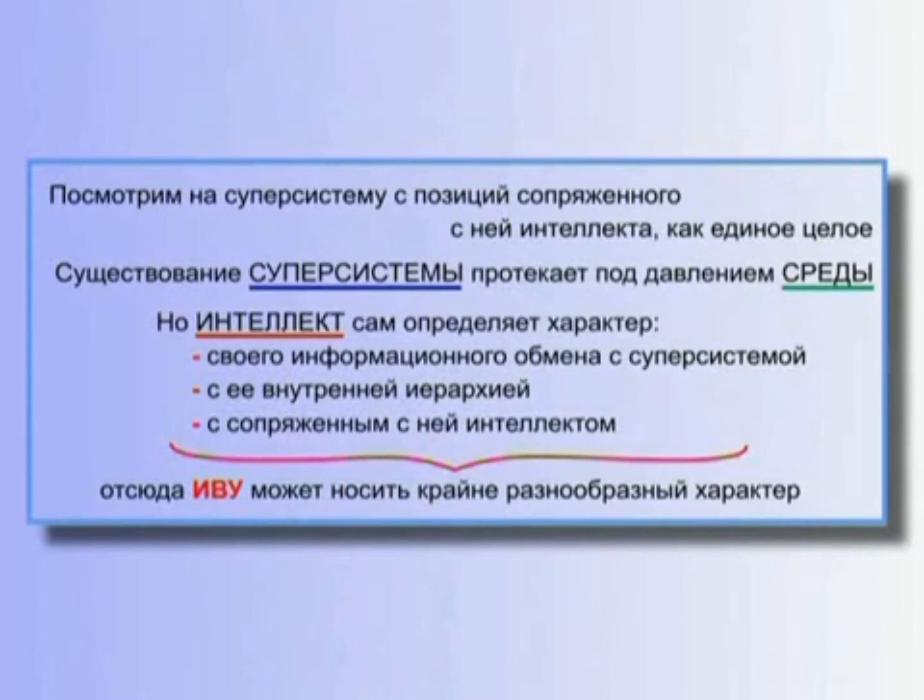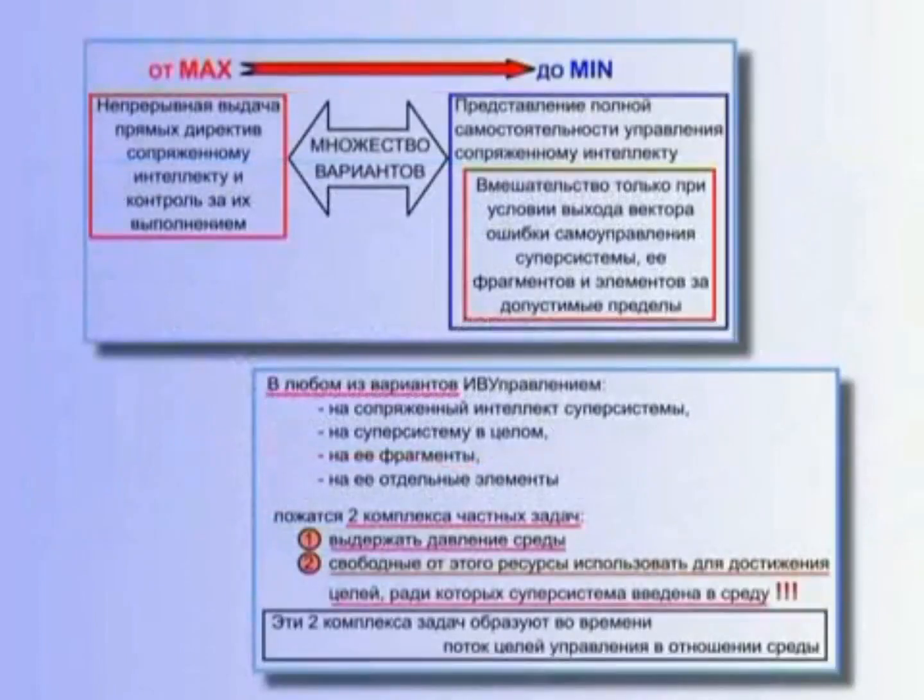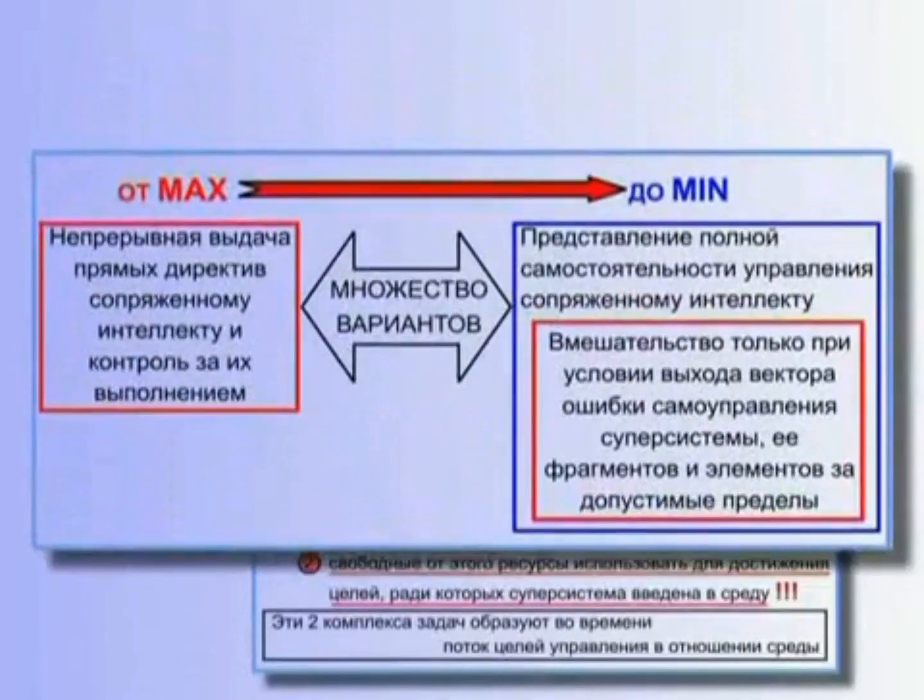Therefore, based on this, higher level management can have a highly diverse nature in relation to the supersystem, and here it is illustrated from maximum to minimum. That is, the highest hierarchical management can, at the minimum, not interfere at all in the processes and only intervene when the vector of error in the self-management of the supersystem goes beyond acceptable limits.